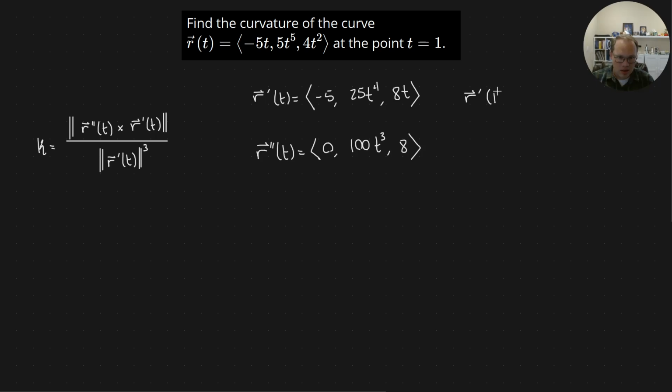And then I only have to deal with specific numbers instead of a bunch of variables. Okay? So I care about r prime of 1, which is -5, 25, 8, and r double prime of 1, which is 0, 100, 8.